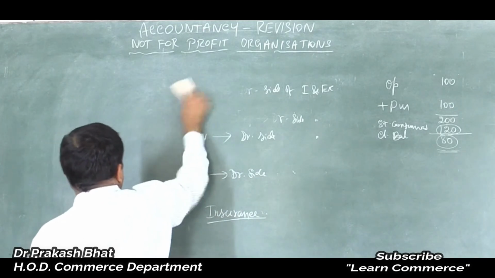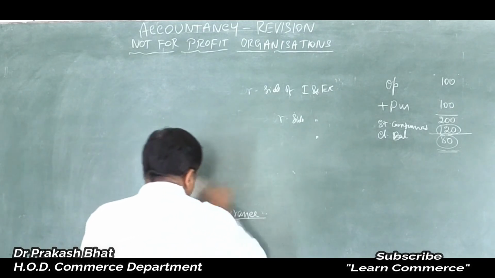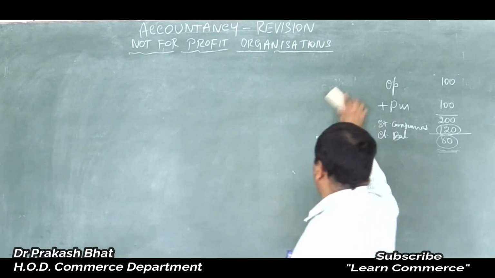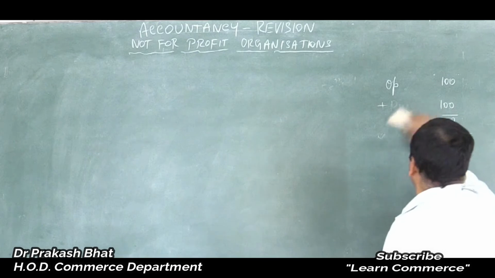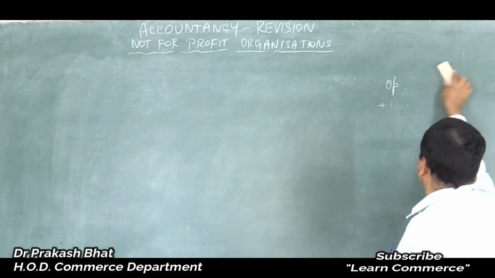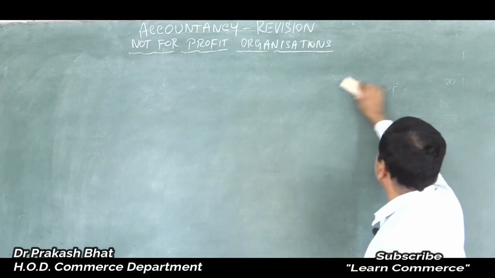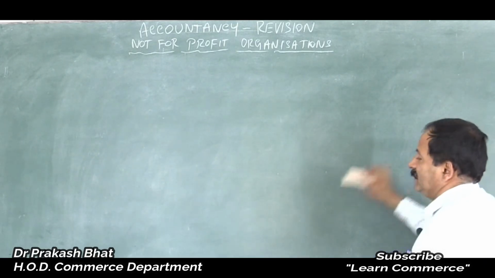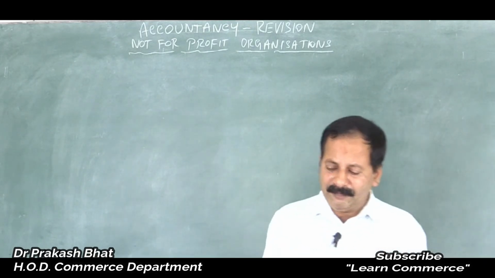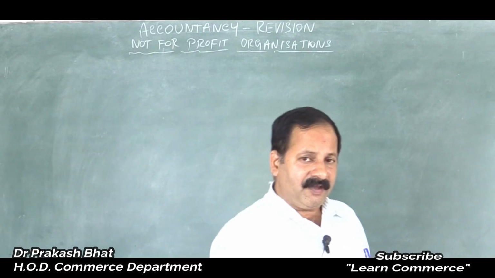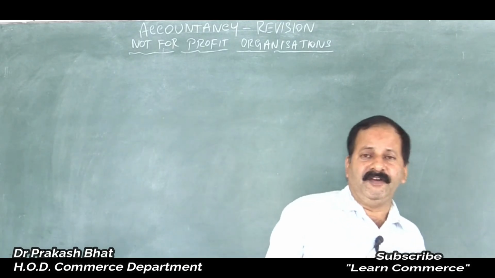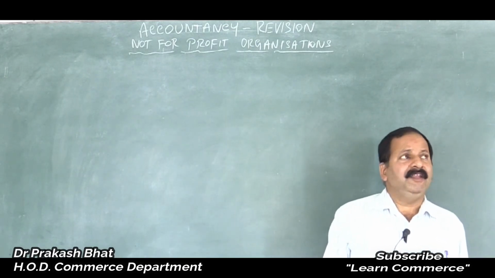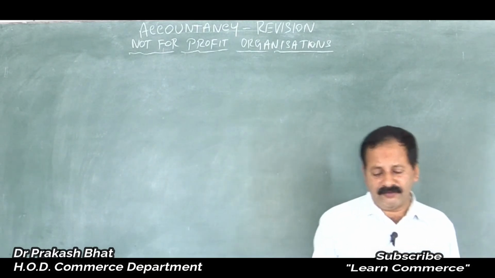If the capital fund is not given in the problem, then we have to prepare the opening balance sheet from the details supplied to us, that is, opening assets and liabilities. From that we have to prepare the opening balance sheet. Then we proceed to prepare the income and expenditure account and balance sheet.